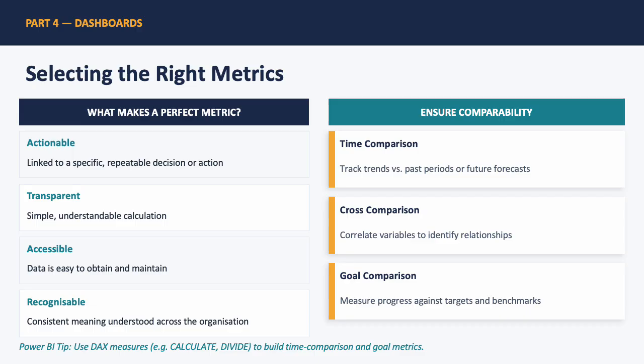And goal comparison allows you to assess progress against a predetermined target. In Power BI, DAX measures, written using functions such as calculate and divide, are the primary mechanism for building these comparison metrics.